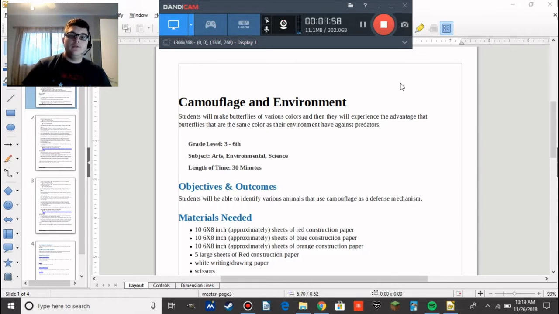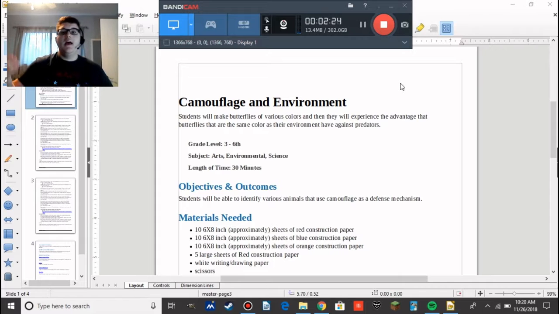For example, if you use red paper, the red butterflies would be camouflaged, the blue and the orange would stand out, the blue ones would stand out the most.